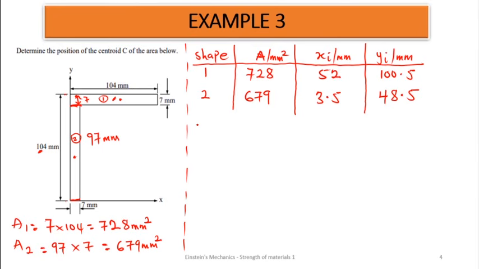The same formula holds, which is x bar is going to be, for the x, this by this, the 52 by its area 728.